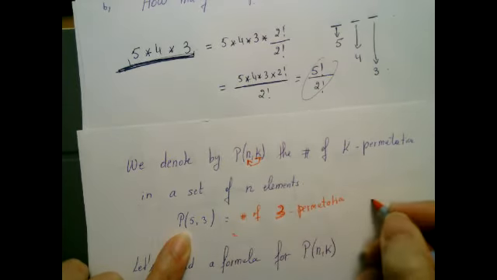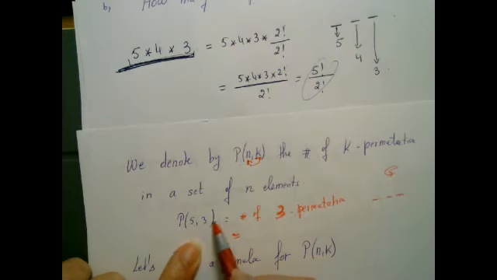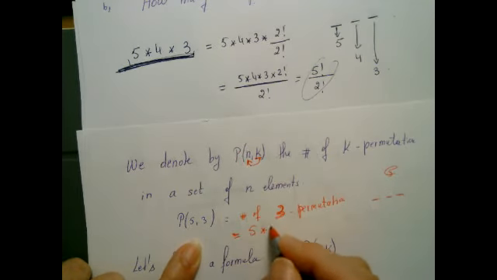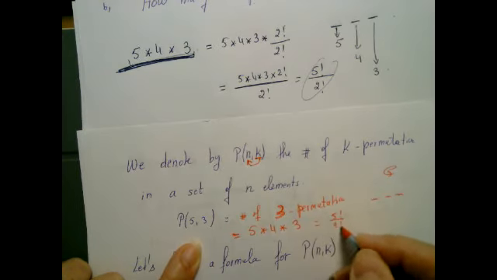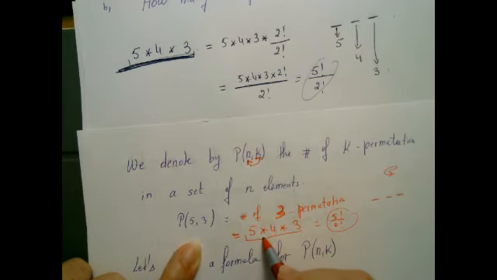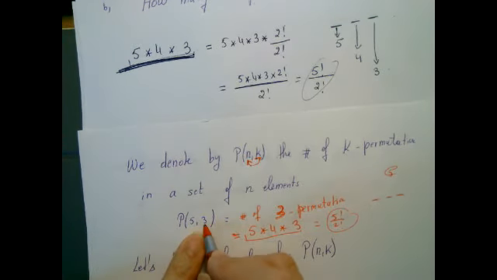It means I have a set of 5 elements, and the number of ways we can make a list of 3 elements. In my situation, P(5, 3) was 5 times 4 times 3. Then I rewrote it as 5 factorial over 2 factorial, which I will explain again, but it's just 5 times 4 times 3. So P(5, 3) represents in how many ways I can have an ordered list of length 3 out of a set of 5 elements.